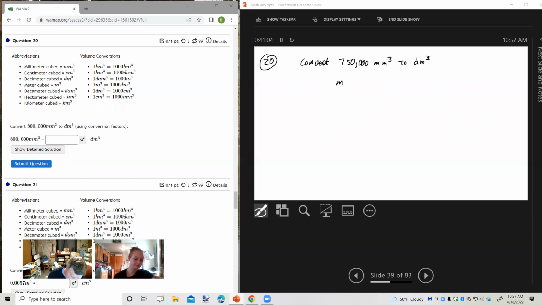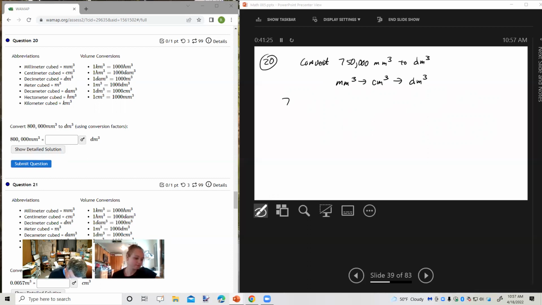Okay, so we're going to go from cubic millimeters to cubic centimeters and then cubic decimeters. Okay, so again, we don't go to the main unit, we just go right up the different units.